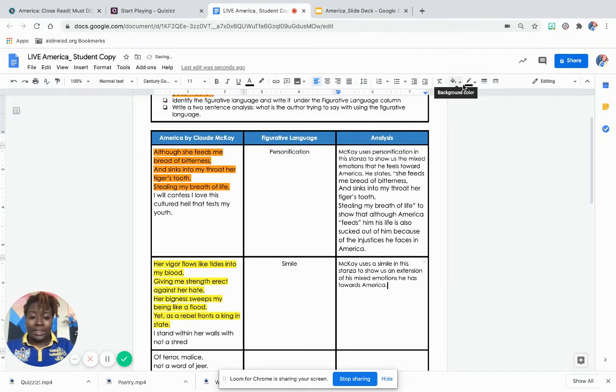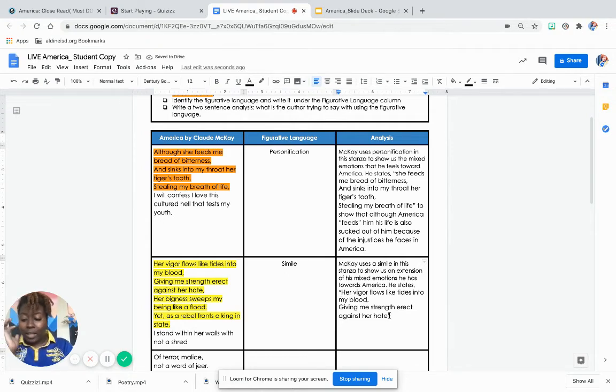Okay? He states, and remember, we're just going to go right on over here and copy what we have here. Paste it. I'm going to take away the highlight, but you again do not have to.